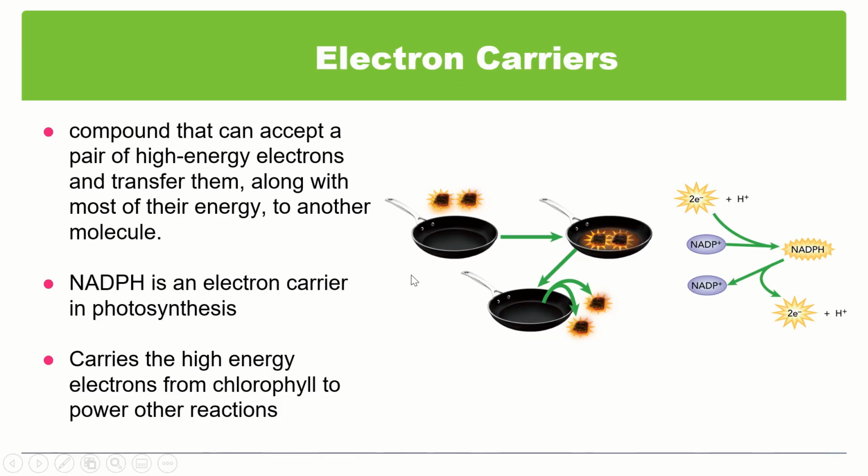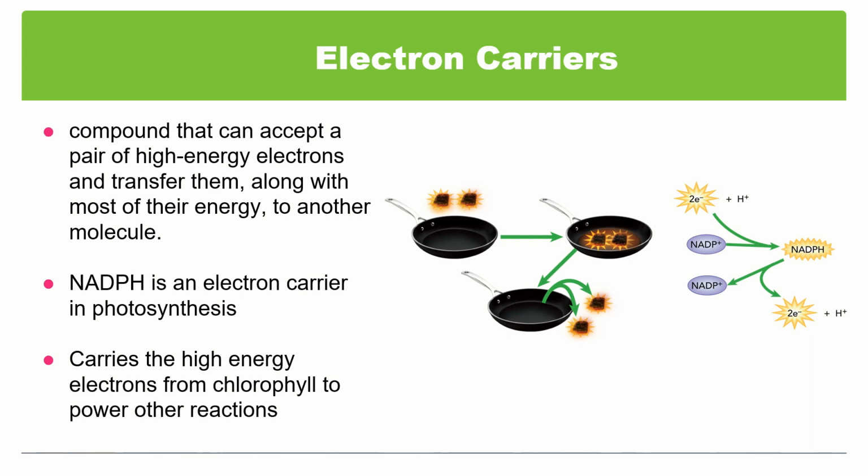Your book uses an analogy of it being like a pan to hold on to hot coals. You're not going to just grab them all by yourself and carry those around, but you can use the pan to hold on to them and take them wherever you need to go. So the little coals represent the electrons, and the pan represents the electron carrier, in this case NADPH. One thing I want to point out on this picture is that NADPH is the form of this molecule that is carrying the high energy electrons.